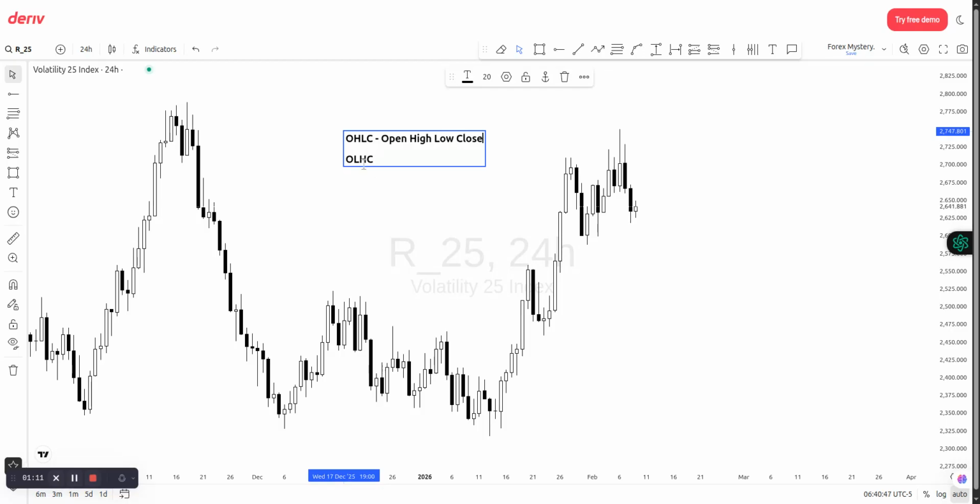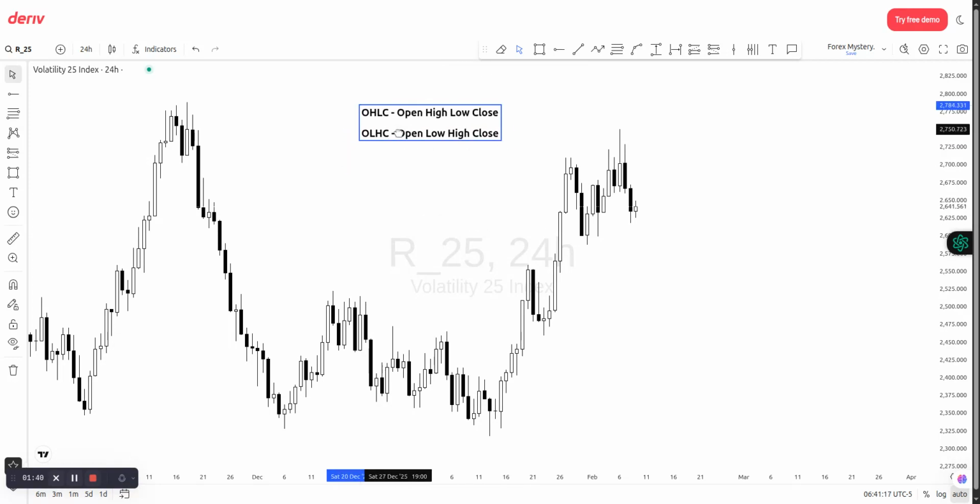And for this one, it's going to be open, low, high, close. So this is the model and the topic for today, the open, high, low, close model.